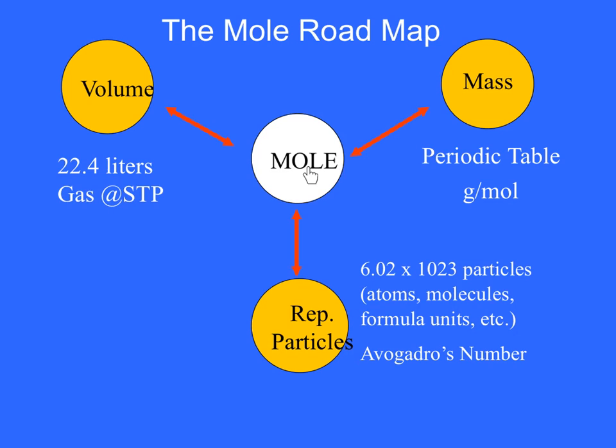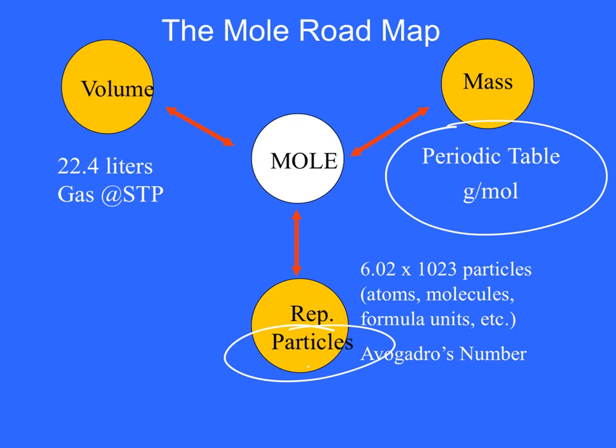Once again, mole in the middle, and then the three things branching off of it: mass, particles, volume. Anything with mass, that means you're going to use your periodic table. In other words, anything with grams in it, use the periodic table. Anything with particles, use Avogadro's number.